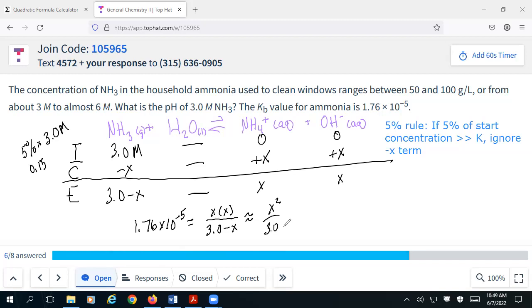I just multiply 3 times 1.76 times 10 to the negative fifth, which gives me 5.28 times 10 to the negative fifth, equal to x squared. And so x must be the square root of that. To two significant figures, because we only had 2 here, 7.3 times 10 to the negative third.